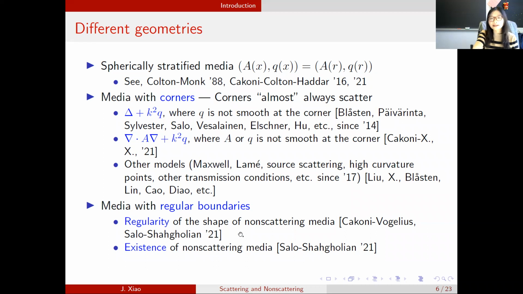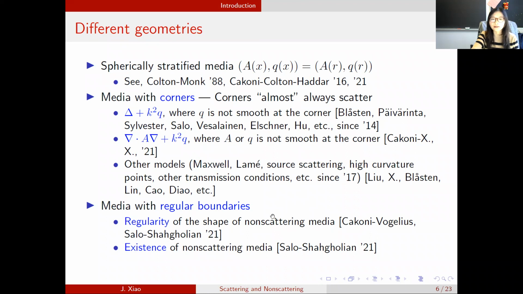Very recent papers, and this is by using free boundary problem methods. And as you will see later, also from Fiora's talk, this is also non-scattering. It's also related to free boundary problems. So using the regularity results for free boundary problems, we can also establish regularity results for the shape of non-scattering media under some constraints.